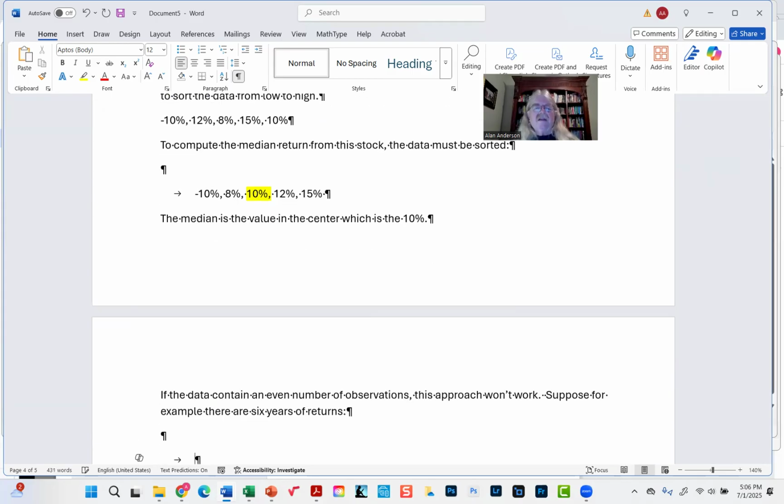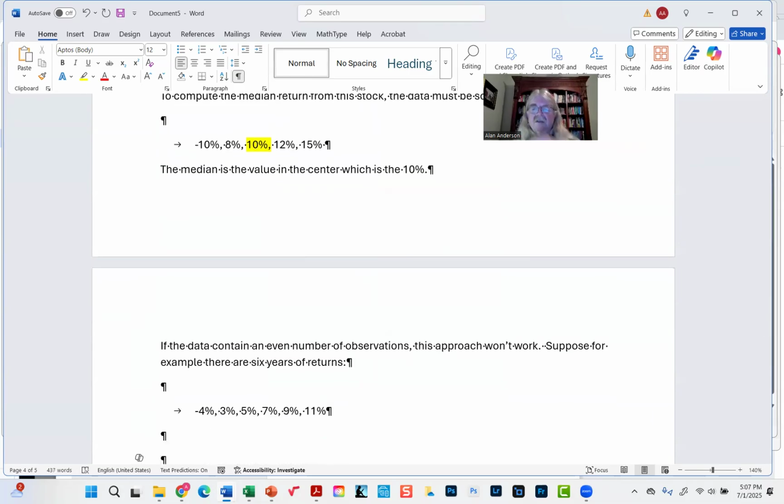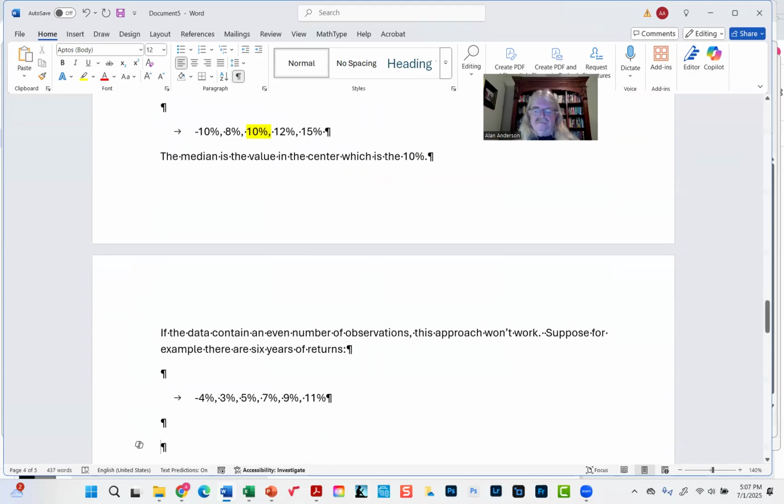And the sorted data are, let's say, 8%, minus 4%, 3%, 5, 7, 9, and 11. So this time there's 6 observations.